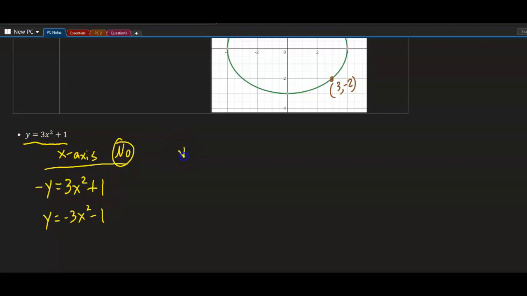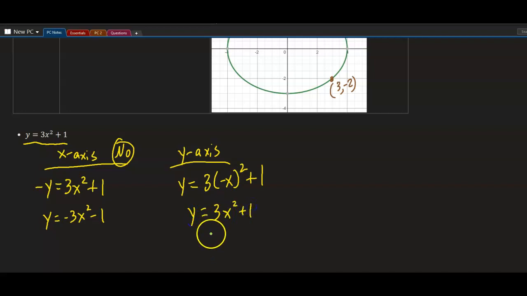Now for y-axis symmetry, I'm going to replace x with -x. If I square a -x, that gets me x squared. You can see here that this equation is algebraically equivalent to this one. So yes, we do have y-axis symmetry.